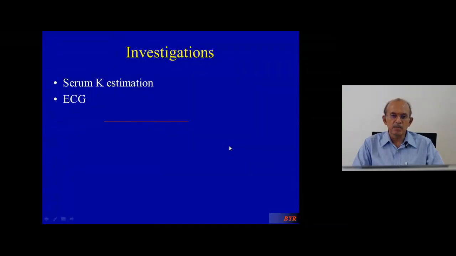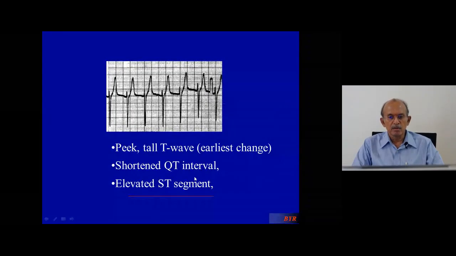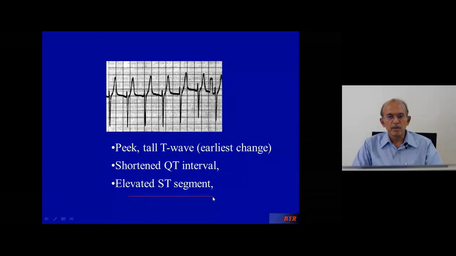Investigation: serum potassium estimation. Sorry, it will be more than 5.5. ECG changes will be there: peaked tall T waves, shortened QT interval, elevated ST segments. Almost opposite of hypokalemia.